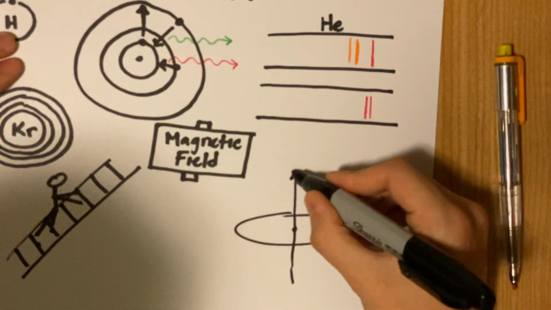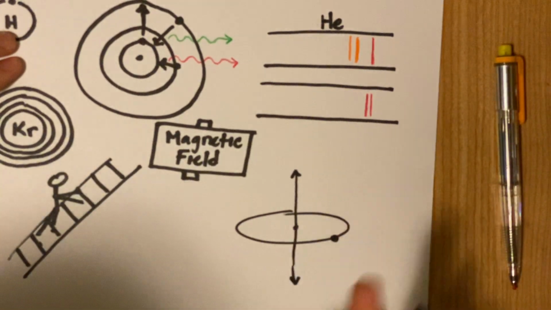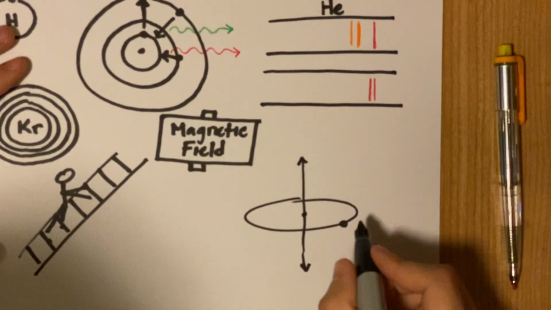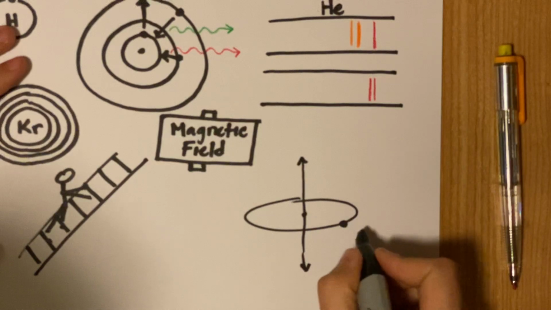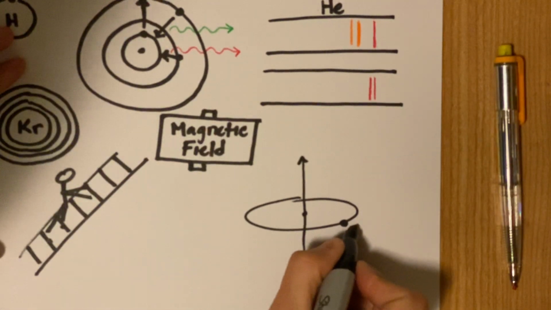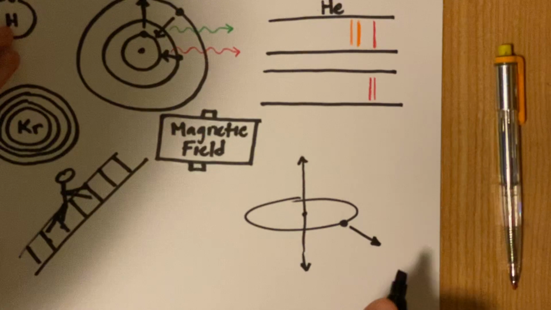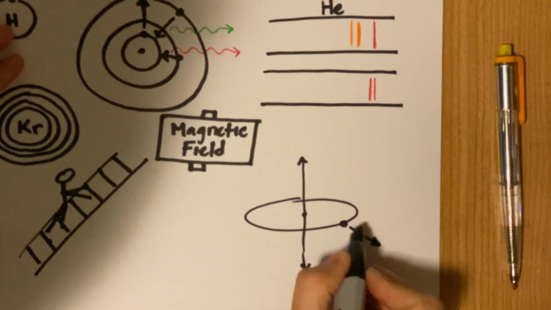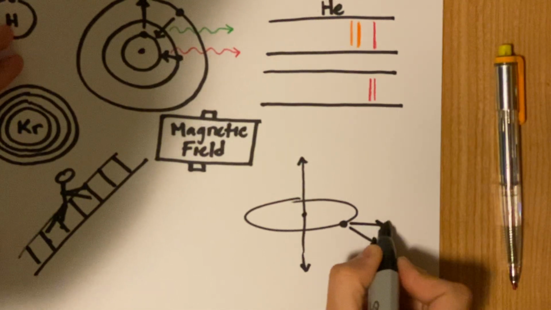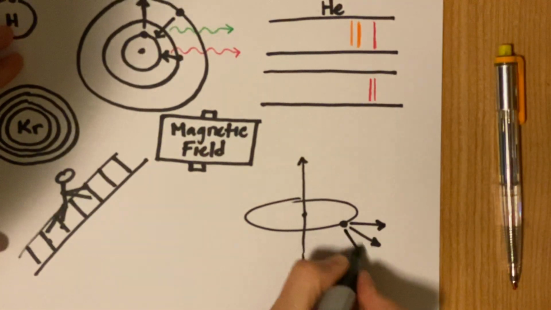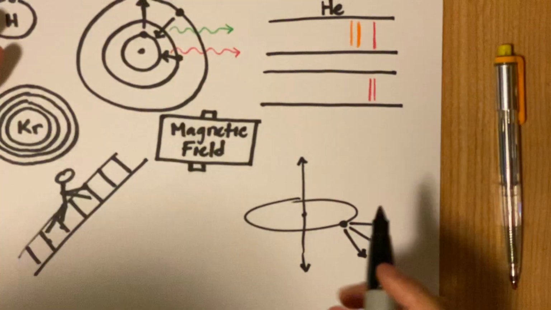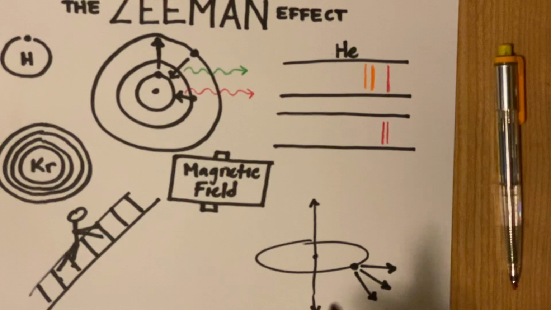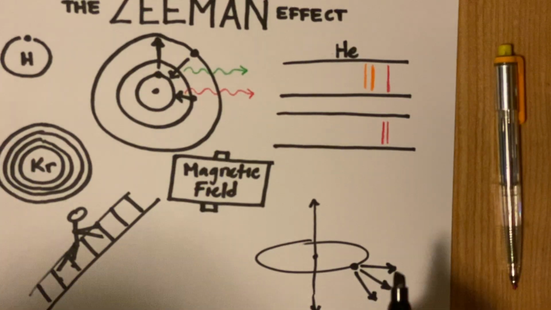If it's spinning around this pole, kind of like the moon rotates around the sun, when the photon is emitted, you would think that it just goes straight off, and you would be right. But in the presence of a magnetic field, it doesn't come off straight. It comes off at these angles. And so this is the reason for the spectral line splitting. This is why we get, instead of one, we get multiple.